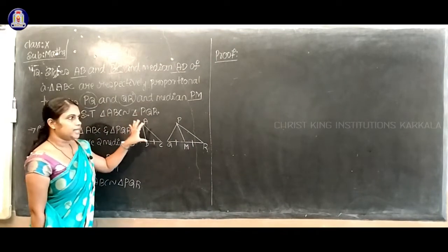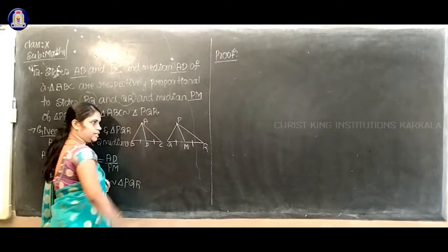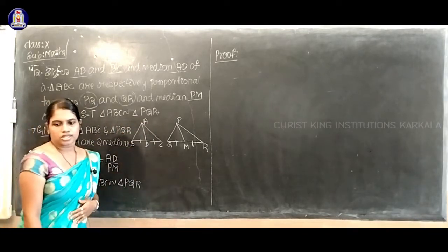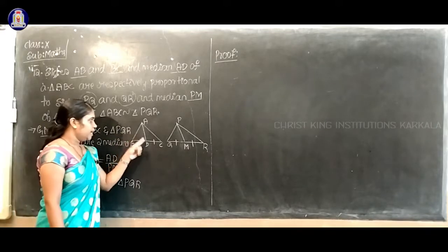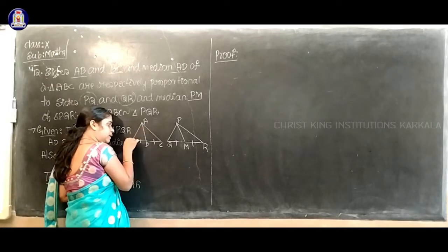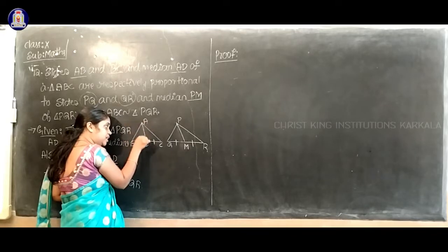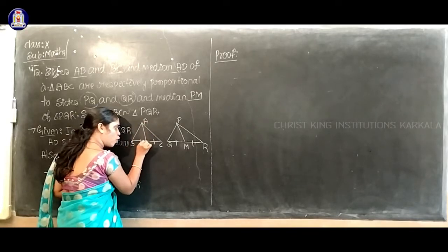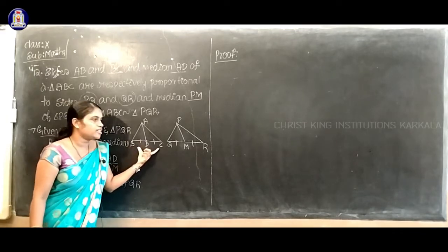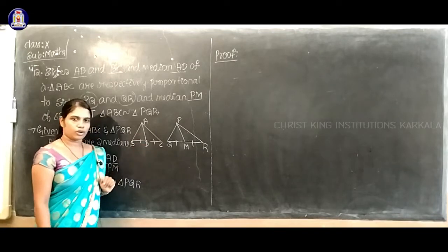In the triangle ABC, AD is a median, isn't it? Since AD is a median, we know that this median AD will bisect BC. What is the meaning of this? It means this point D is a midpoint of BC.